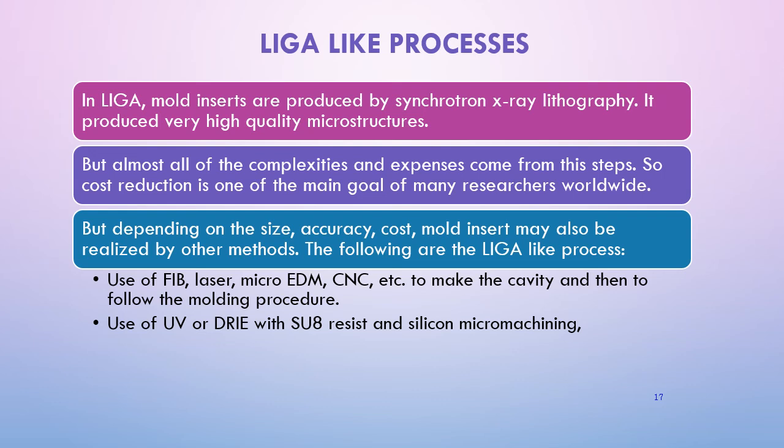They can also replace it with laser. It can be replaced with micro EDM, CNC, or many other processes, so that the cavity can be created, so that it can produce the mold. So it can also use the UV or dry with SU8 resist and silicon micro machining.